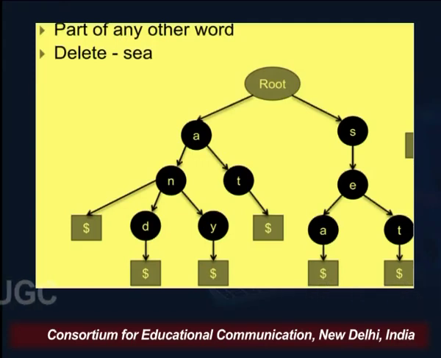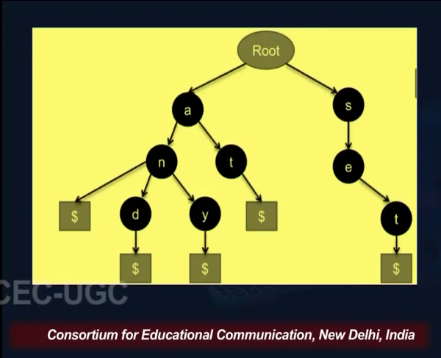This kind of consideration is to be taken care of if the word which you want to delete is part of any other word. After deletion of C, this will be the situation in your trie. You can see S and E are there, and what we have deleted is the branch which was coming out to the node A, followed by dollar.